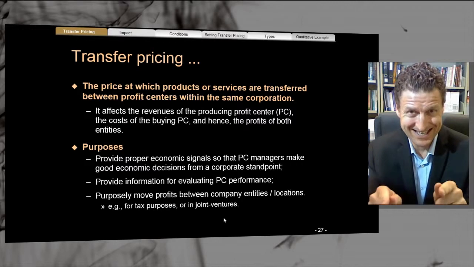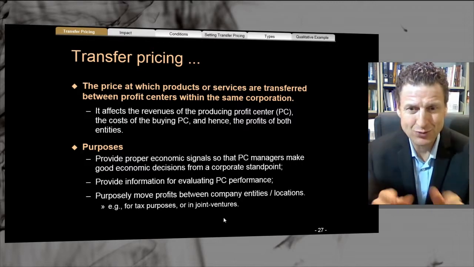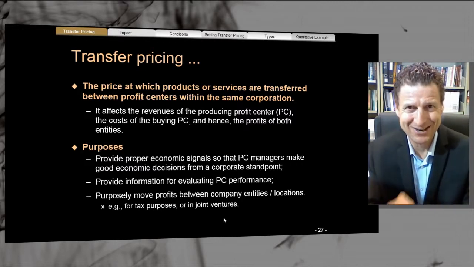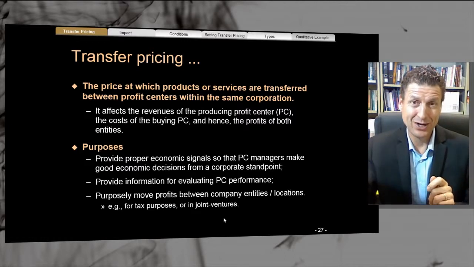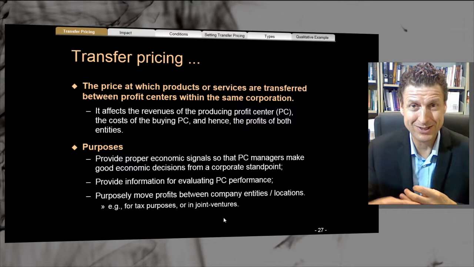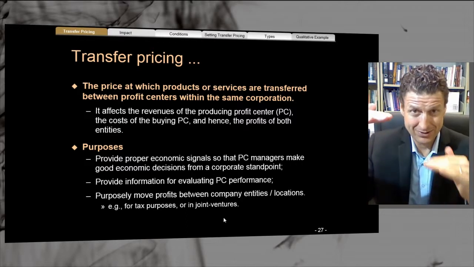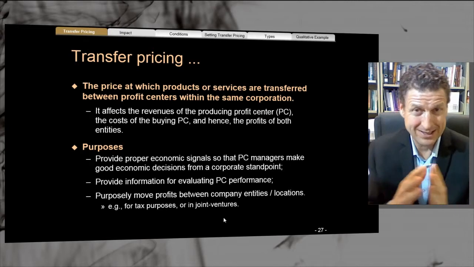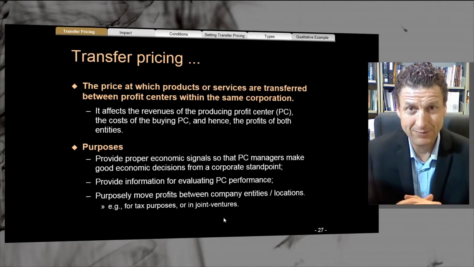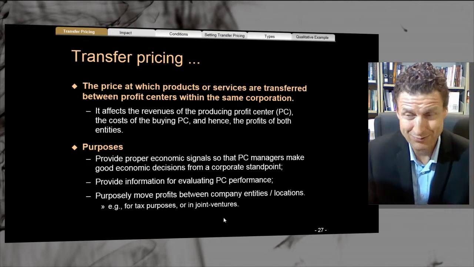You know that in international taxation, to move profits between a company's entities and locations. Yes, to move profits out of China into Hong Kong, for example. Why? Because China's tax rate is here and Hong Kong's tax rate is down here. Okay, you've got the different incentives, and that's a brief overview of some of the purposes of transfer pricing.